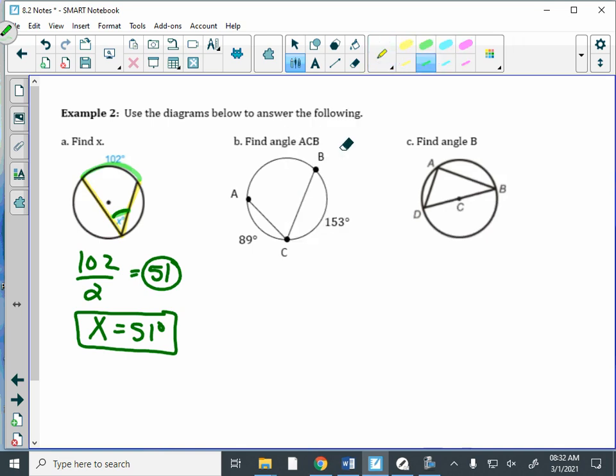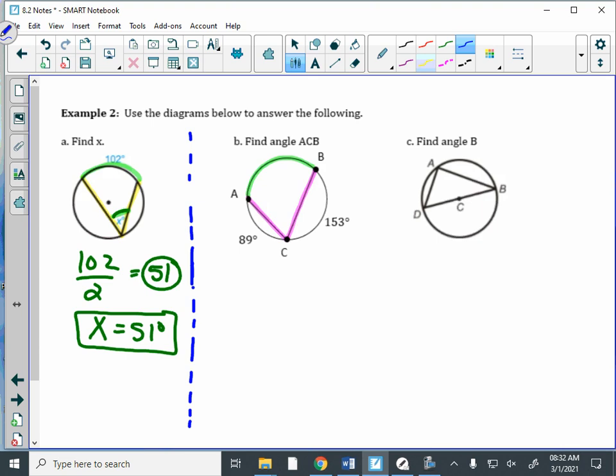If we take a look at the next one, find ACB. Well, when the angle is missing, go to the arc. It didn't tell us what that arc is, but we can find it. How can we find that green arc? Really similar to the previous problem. What do we know about the measure of an entire circle? 360.